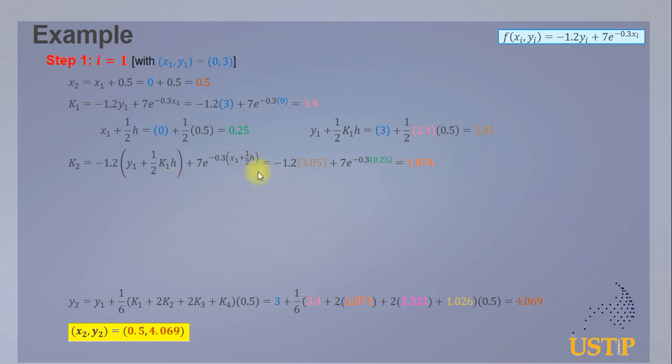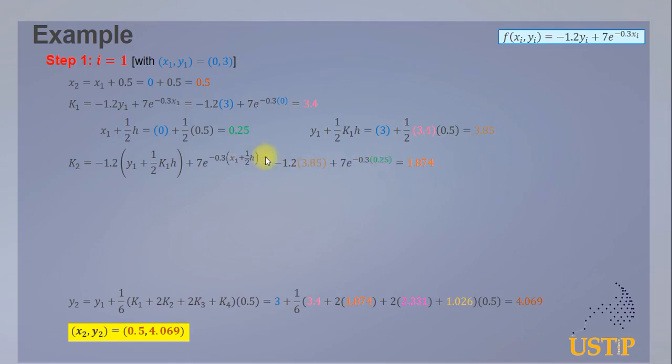Since we have already solved for the values of these two, we will just substitute it. So, y1 plus 1 half k1 h is just equal to 3.85. So, mahimo na ni siya negative 1.2 times 3.85. Same also with x1 plus 1 half h, ato siya substitutan og 0.25. So, mahimo na ni plus 7e raised to the power negative 0.3 times 0.25.